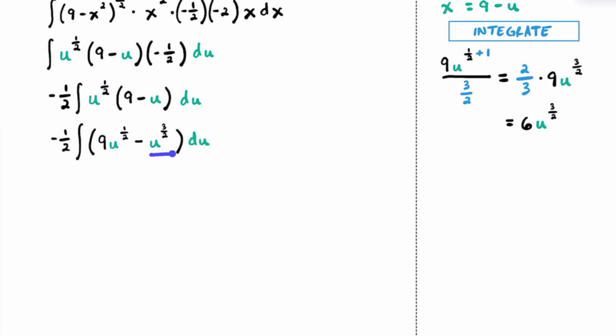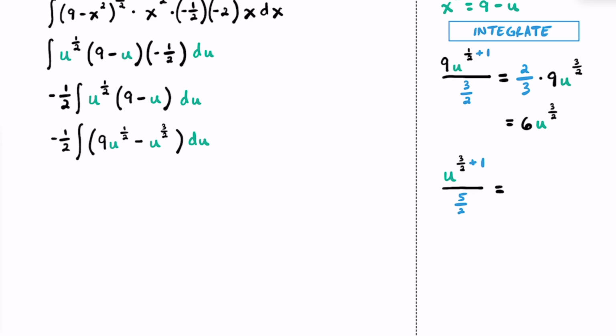All right, moving on to this part of our integral, we have this u to the 3/2 power. If we take the integral of that, let's add 1 to the exponent, and that's going to be 3/2 plus 1. 1 is the same thing as 2/2. So 3/2 plus 2/2 is going to be 5/2. Let's divide by that exponent of 5/2.